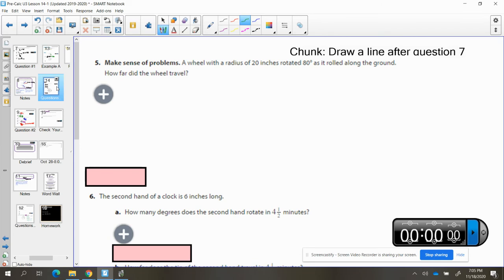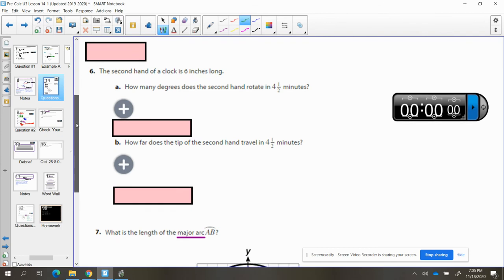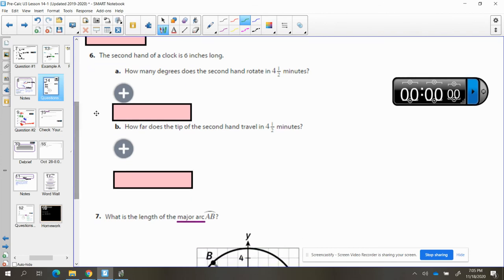Now, if we look at the next page with number 6, okay, it says that we have a hand on a clock that is 6 inches long. So again, if you think about how a clock works, the hand on the clock is acting basically as our radius here. So we're kind of saying this is 6 inches long. Now, if it rotates around for 4.5 minutes, how many degrees is this going to travel?